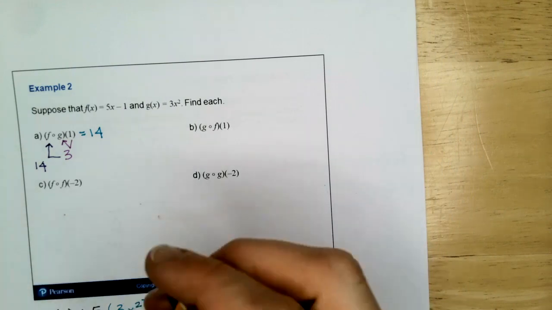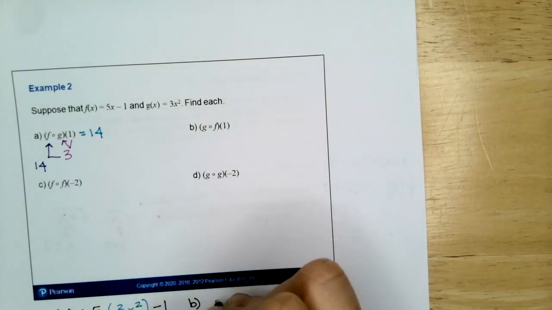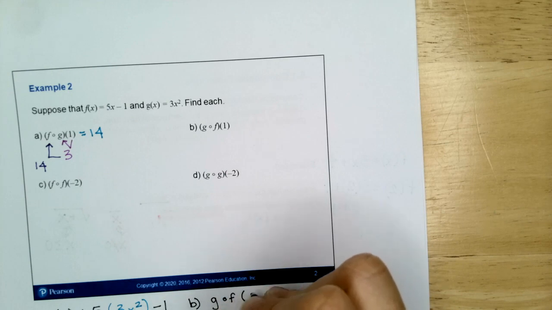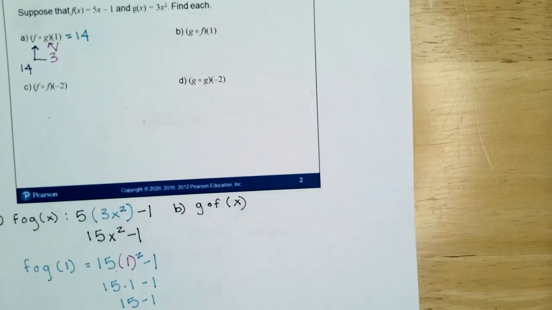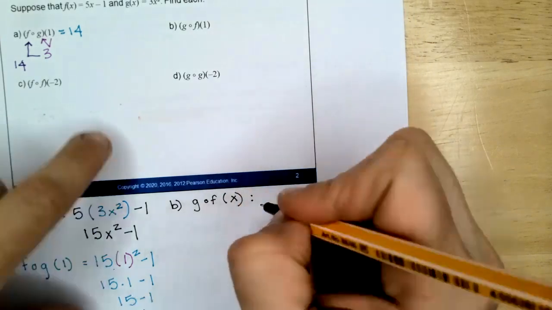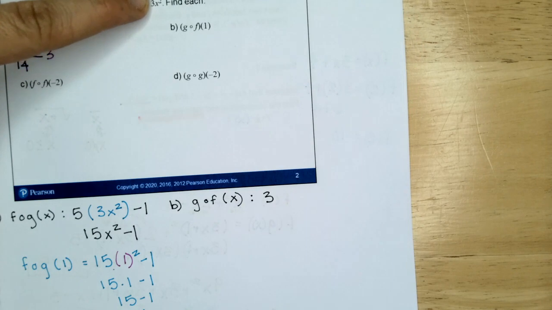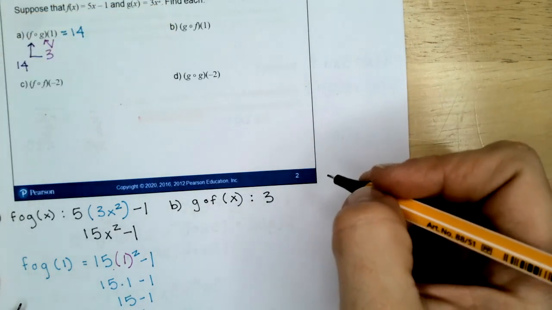B asks us g of f of 1, but I'm going to do this way first. G of f of x is, start with g, 3, but where x is, substitute in f of x.